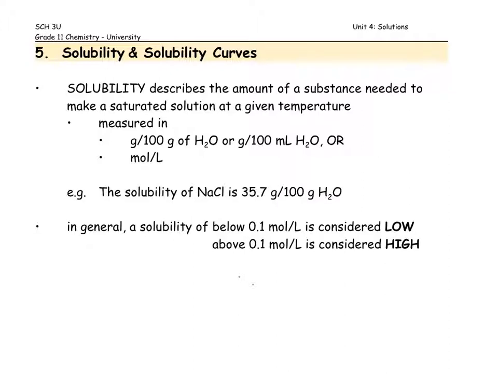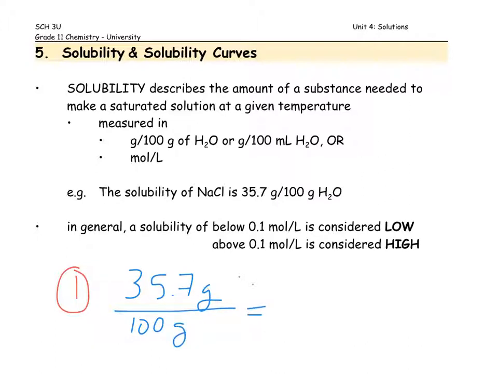All right, so this is kind of the cutoff, the 0.1 moles per liter. Well, let's look at how we could take that sodium chloride value and figure out whether that is a high or a low solubility. So the first thing I would do is say, well, if I have 35.7 grams per 100 grams of water, then I know that I have 357 grams of sodium chloride for 1,000 grams of water.